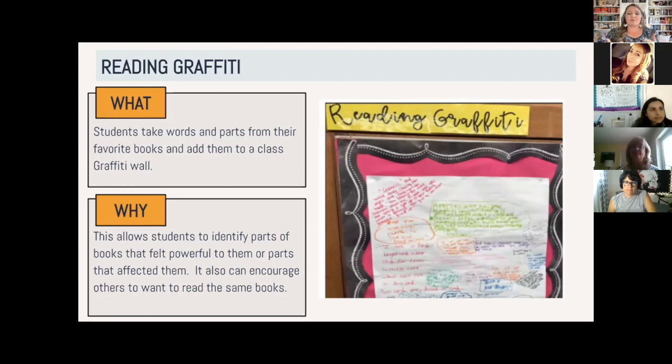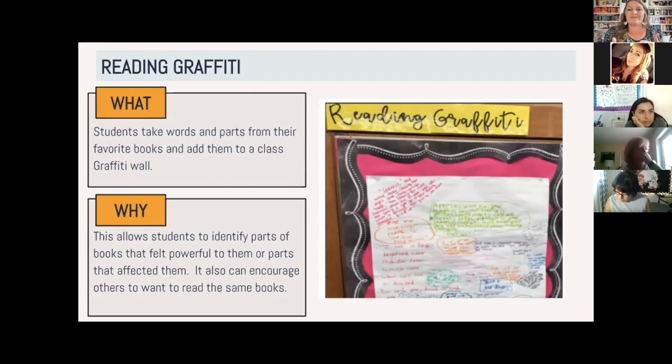Well, this allows students to identify parts of books that felt powerful to them, or parts that affected them. It's an outlet for them to connect with parts of a book, in a way they'll get into because of the whole graffiti idea, but also because it encourages other students to want to read that book.